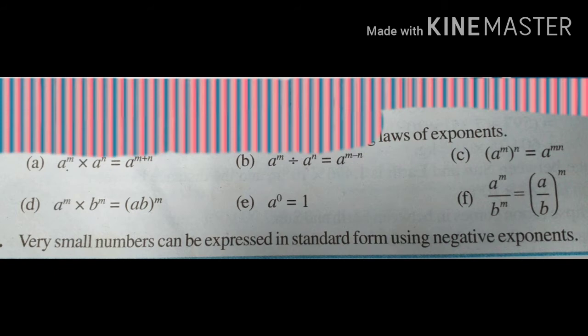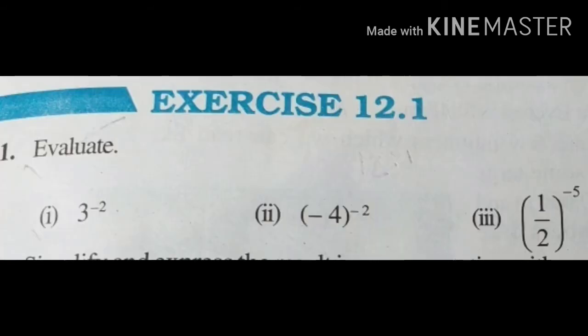And another thing you have to remember, suppose you have given the negative exponent, in order to make that positive we can change the place. If there is a negative power in the denominator, then we can set it into the numerator.